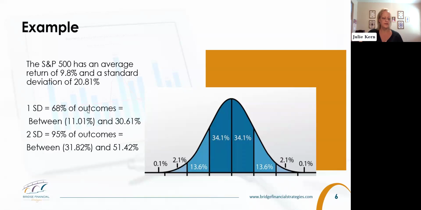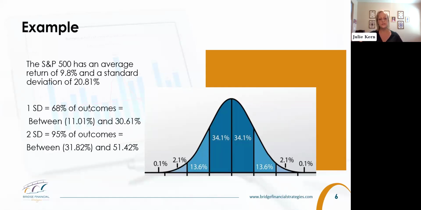Okay. All right. So 68% of the time, we would expect the S&P 500 return to fall somewhere between -11 and +30, almost 31, which is a big range. But to get to that two standard deviation level, it would have to be as low as negative almost 32% and up to 51% on the positive side.